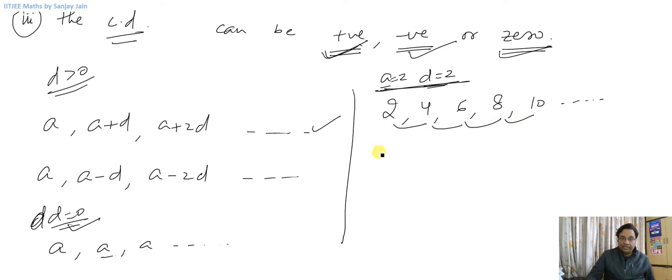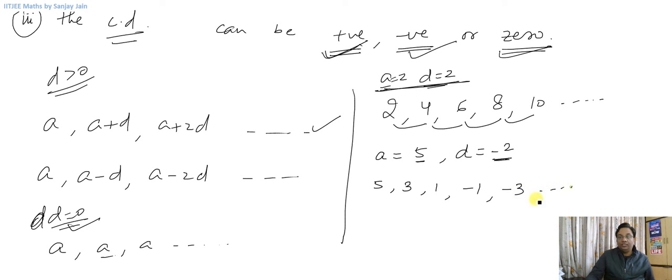Now if I take, let us say, first term as 5 and common difference as negative 2, so what will be the AP? 5. Then 5 plus minus 2, that is 5 minus 2, which is 3. Then again subtract 2, 1. Then subtract 2, minus 1. Subtract 2 to obtain the next term, minus 3.